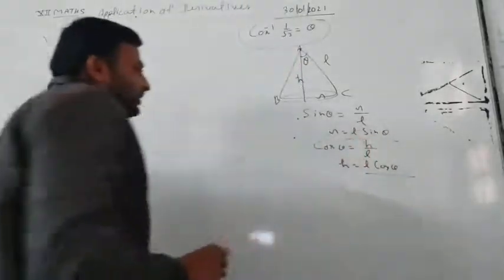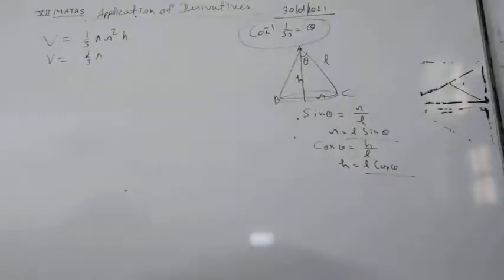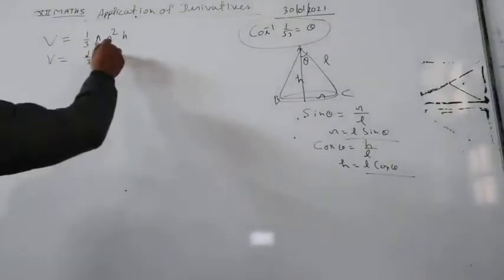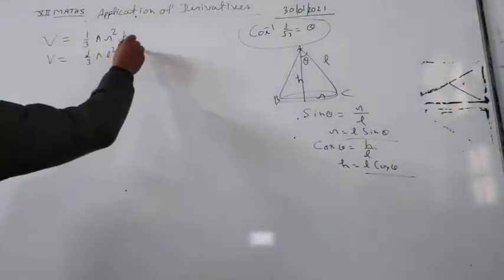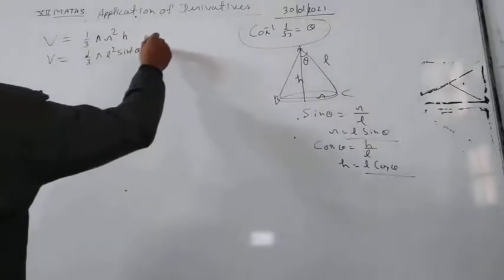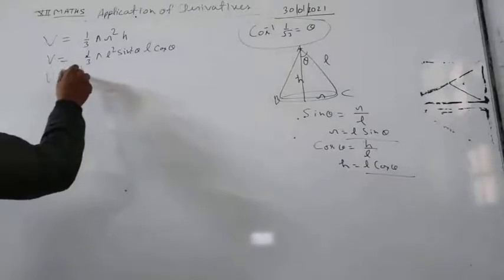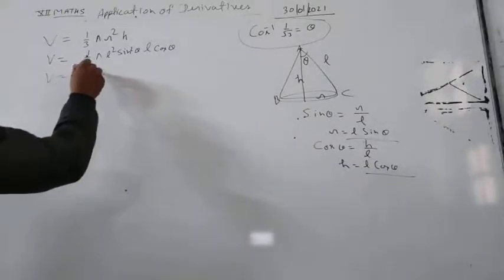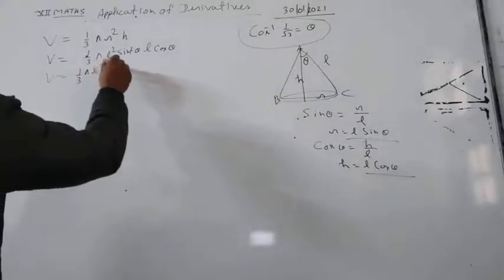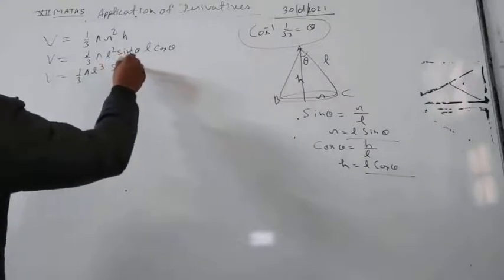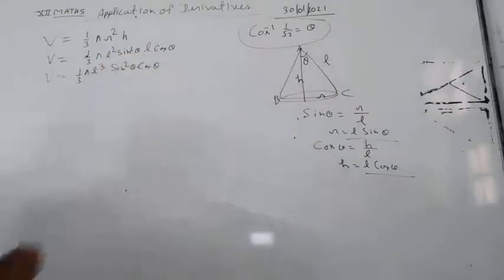Okay, students, so we substitute these two values and we get r square as L square sin square theta, and h is L cos theta. So now we can write V as 1 by 3 pi L cube sin square theta into cos theta.